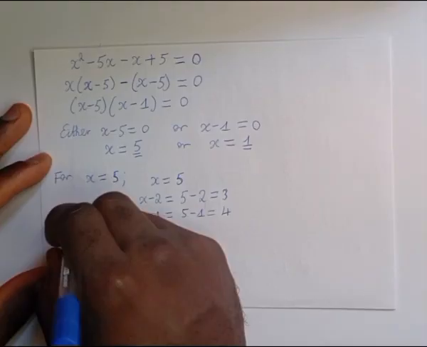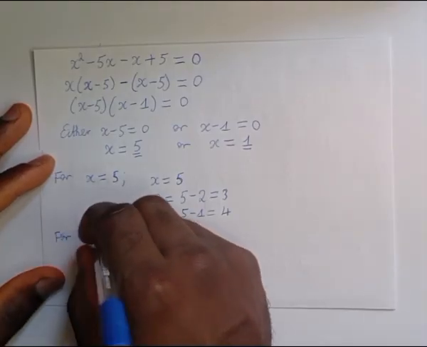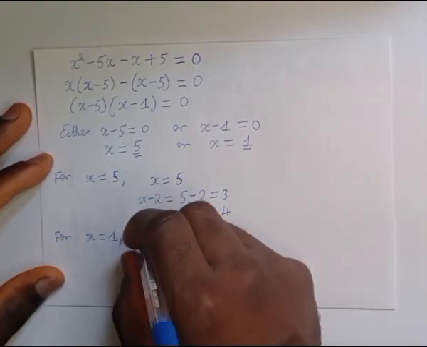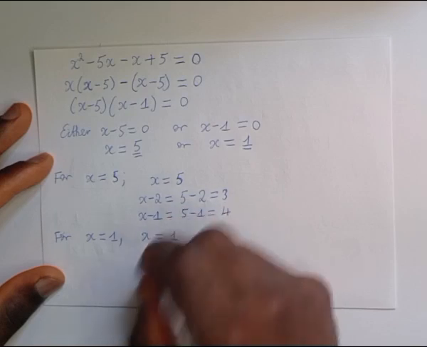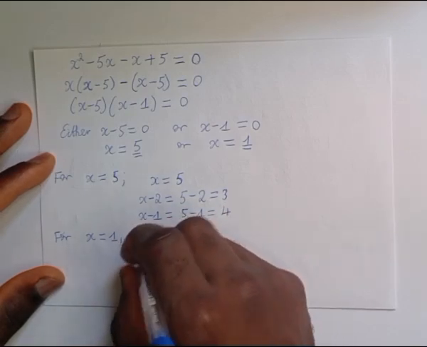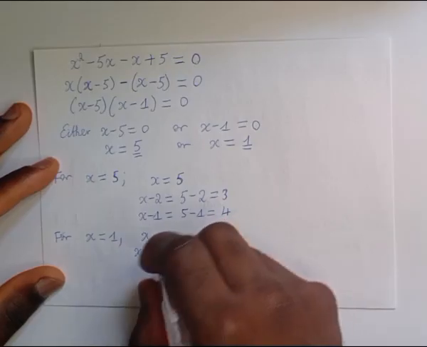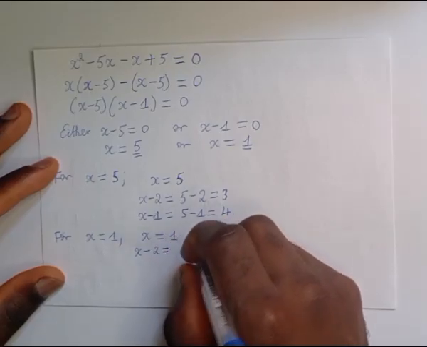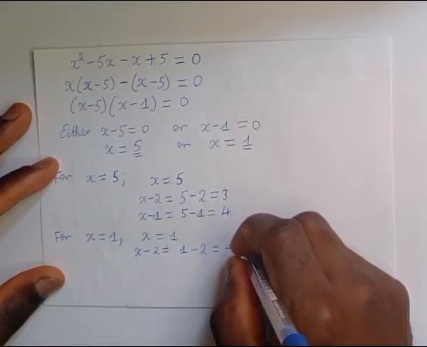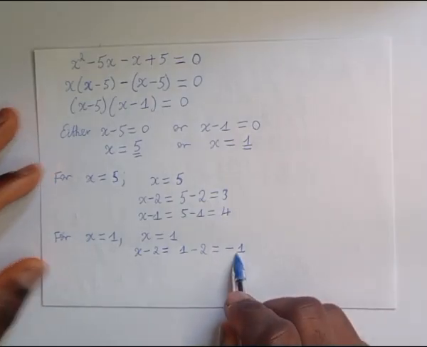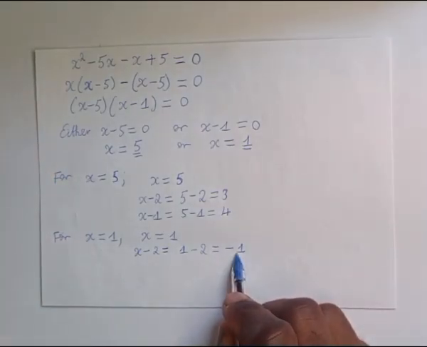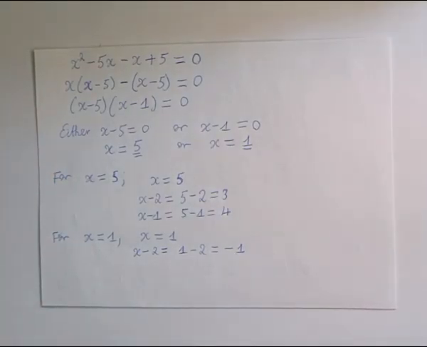Next, for x equal to 1, the hypotenuse will simply be 1. The height will be x minus 2, which is 1 minus 2, which is -1. This gives us a negative length, which is not real, because length can never be negative.